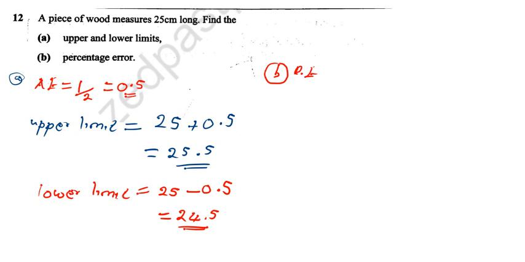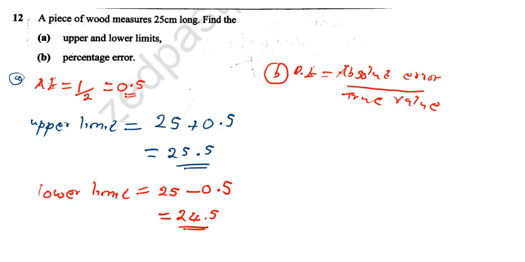Relative error is equal to absolute error over the true value, or true measurement. In short, percentage error is simply the percentage of the relative error. So when you find the relative error, you multiply it by 100 and you get the percentage error.